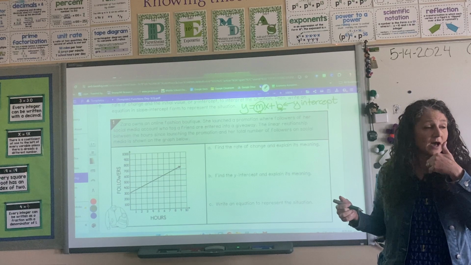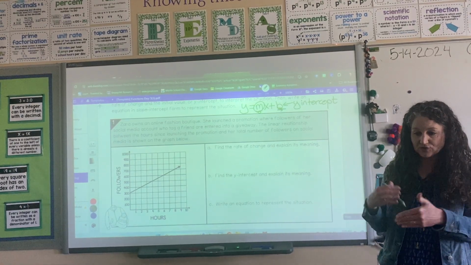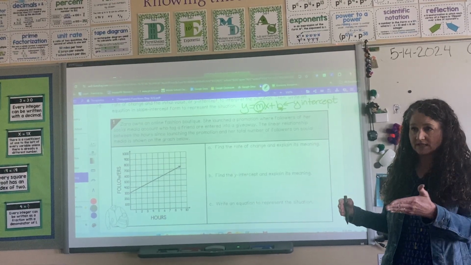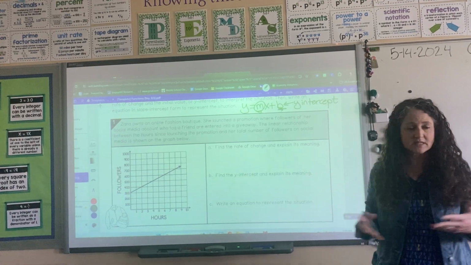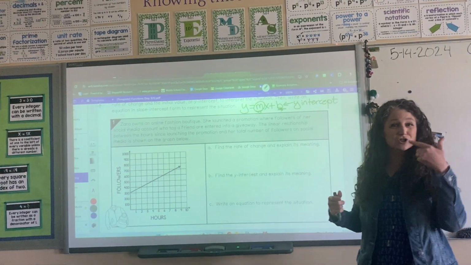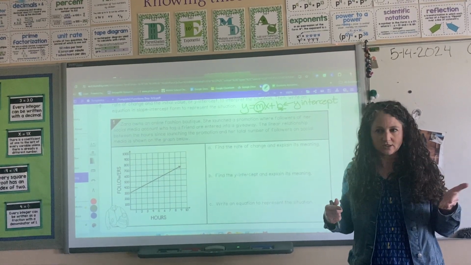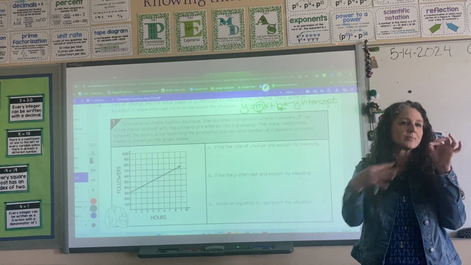And the more tickets you bought, the more you spent. But it was 50 cents a ticket, so that was your rate of change. If you bought more tickets, your cost changed at the rate of 50 cents a ticket. If you bought 10 tickets, it was $5 more. If you bought 20 tickets, it was $10 more, right? But it started at, I don't know, like $8 to get into the fair. So your B is where it starts, and then it just goes up or down from there.